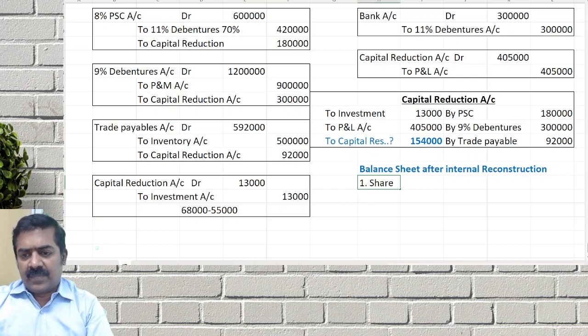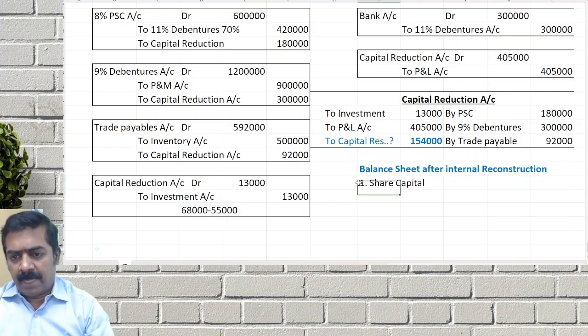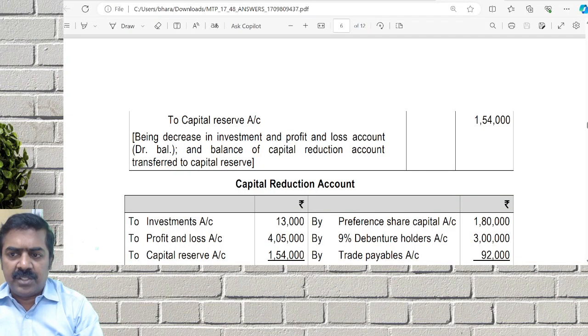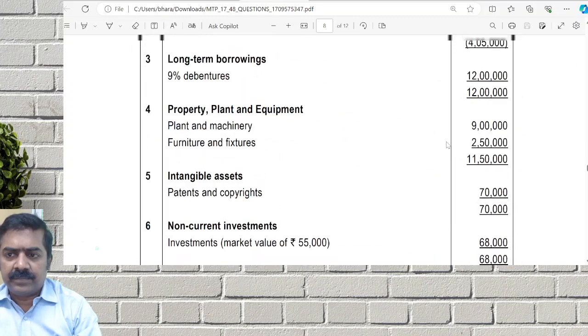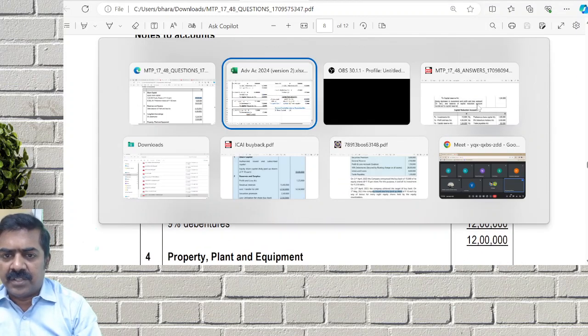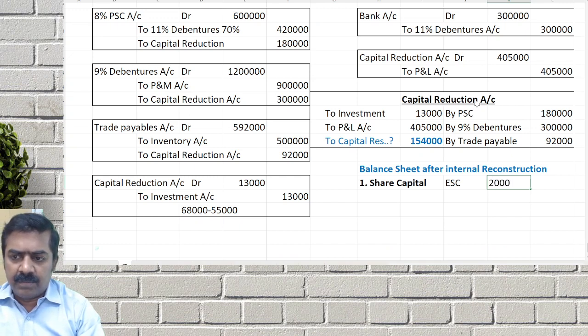Number one, share capital. Equity share capital will continue as it is. What was the equity share capital? This equity share capital will continue. There is no change. Preference shares are cancelled.